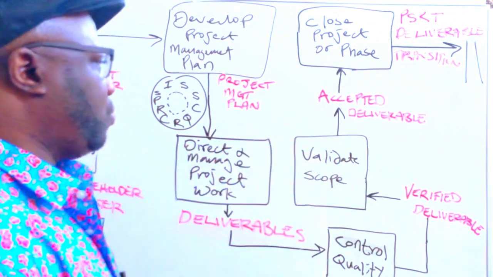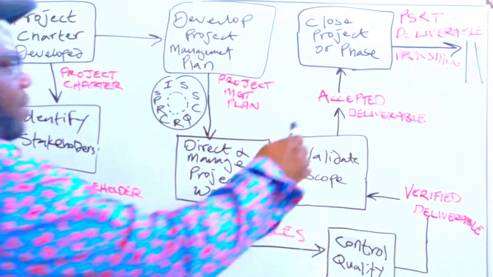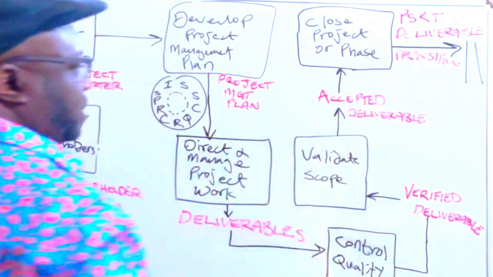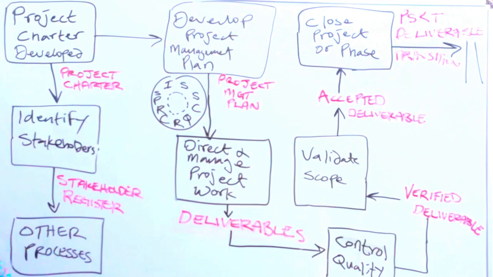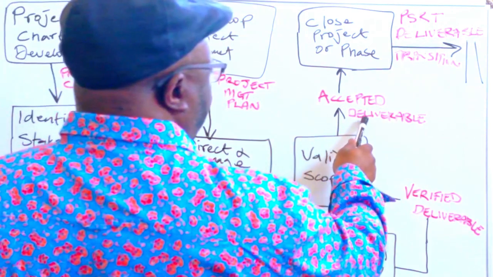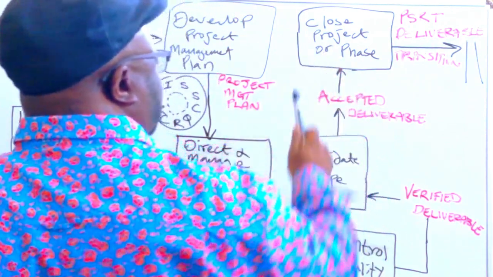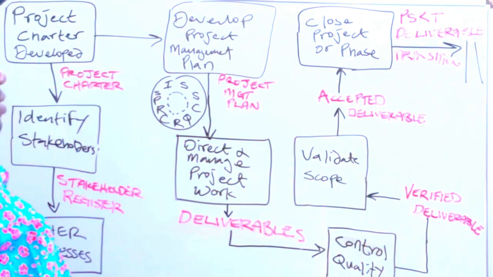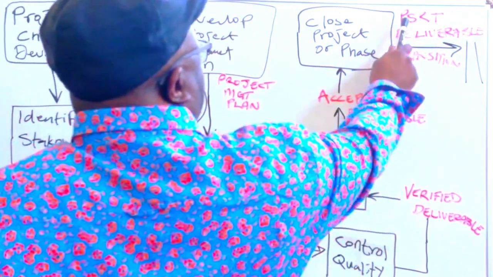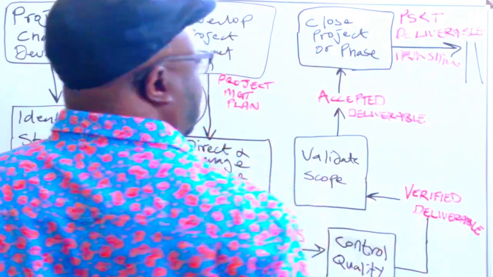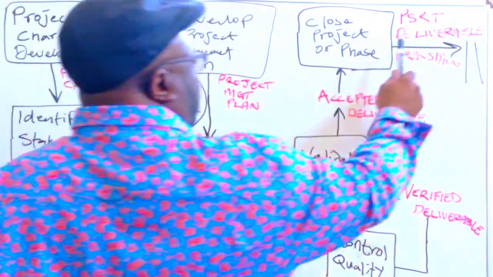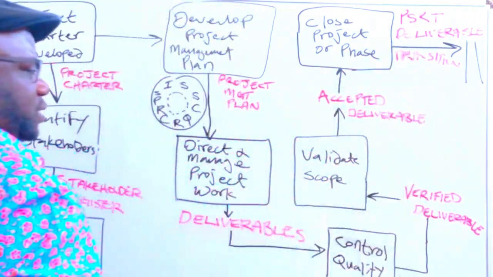From validate scope, we get that stamp of approval that gives us an accepted deliverable. The accepted deliverable becomes an input to closing out the project or the phase. We get a product, service, or result transition, which you can also call deliverable transition.